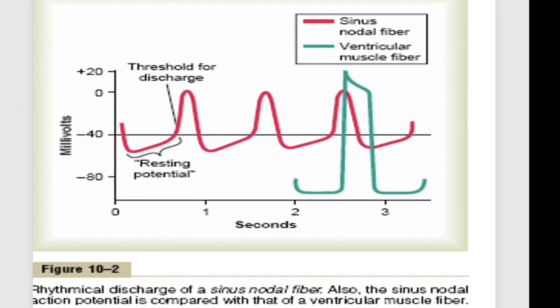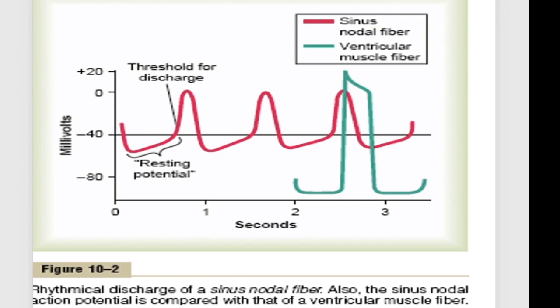Now keep in mind that the resting membrane potential of cardiac muscle is from minus 85 to minus 95 millivolts, and it is around minus 90 to minus 100 millivolts in the specialized conducting tissue. The cardiac impulse raises the membrane potential from its very negative value to a slightly positive value of about plus 20 millivolts.